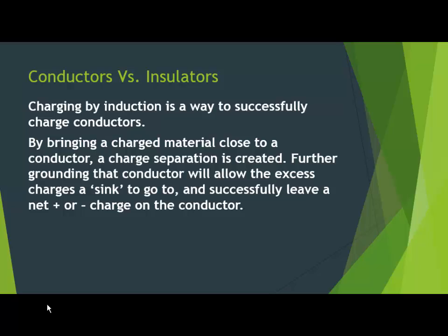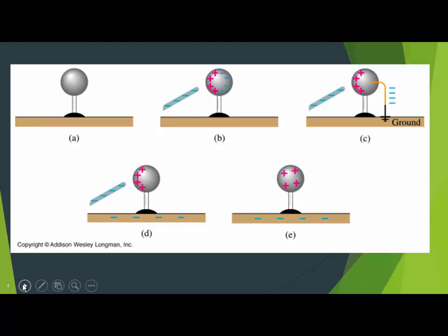Once that charge separation is created, we can ground the conductor, which means connecting that conductor literally either to the ground or to another larger object that will accept excess charges. And it creates like a sink, and it leaves an overall positive or negative charge on your conductor. So let me just show you guys a graphic as to how this works.